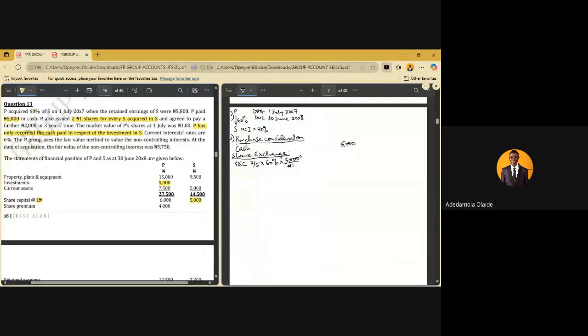All this multiplied by 60%. Since they put 1 naira here, that means the nominal value of their shares is 1 naira. Then the share premium will be the same 2/5 multiplied by 60% multiplied by 5,000 over 1 naira, but multiplied by the market value.